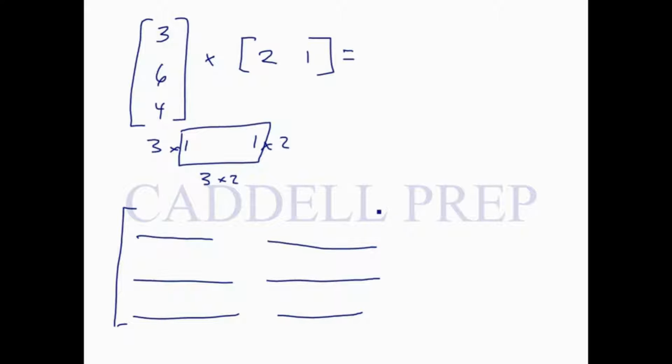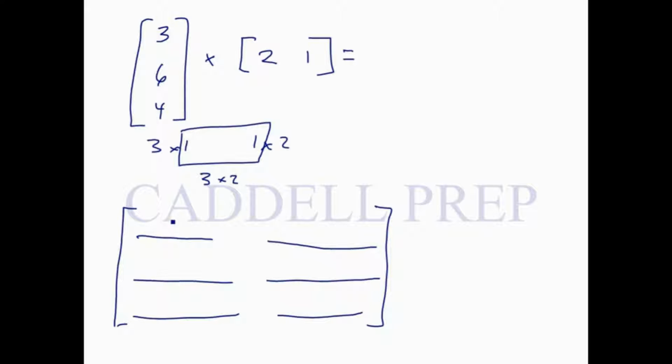You don't have to actually write these lines. So this spot here is going to be, because it's the first row and the first column, we're going to multiply this first row by this first column. And you see that we only have a single digit in both places.